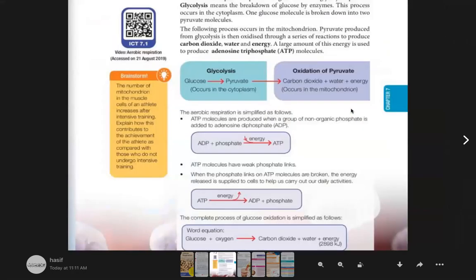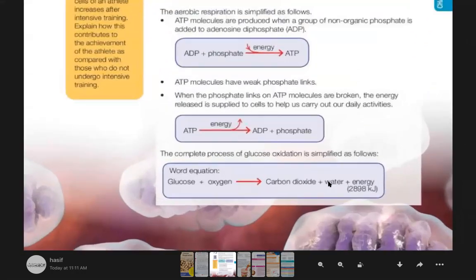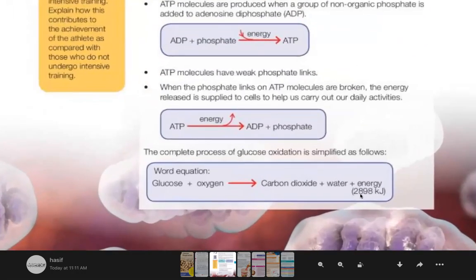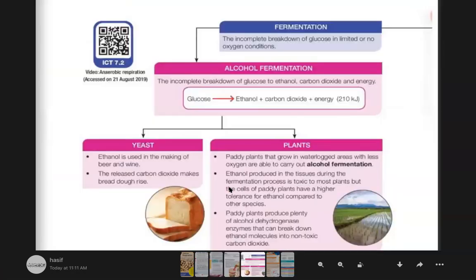Tapi kalau kita buat aerobic respiration, awak tengok ada berapa? Ada 2,898. So this is a very huge amount of energy will be produced. Sebab apa? Sebab kita buat complete oxidation of glucose.